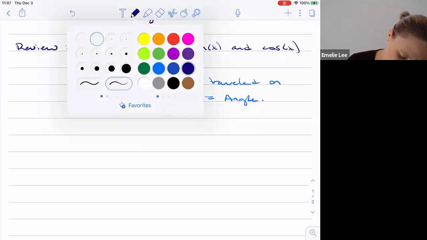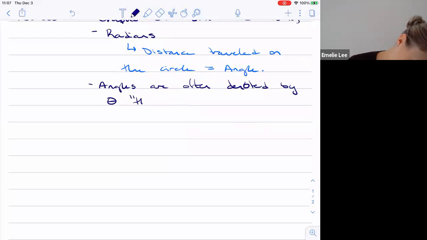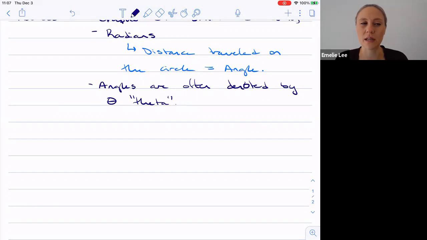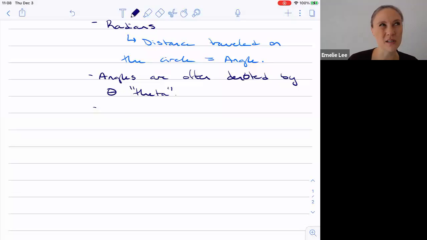And we said that angles are often denoted by theta, the Greek letter theta. Okay, so that's going to come up again, so that's why I want to highlight that now.